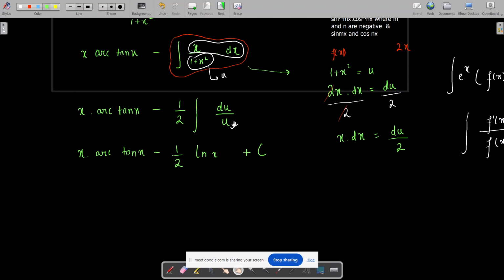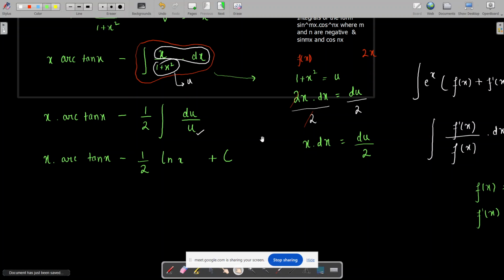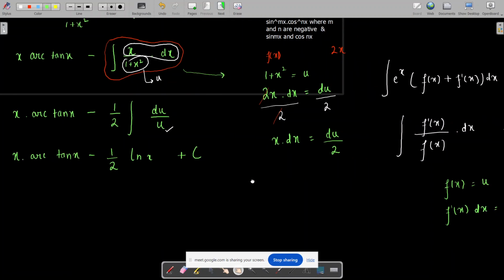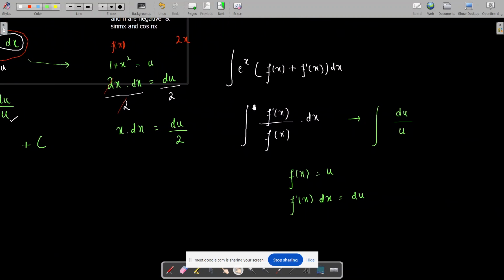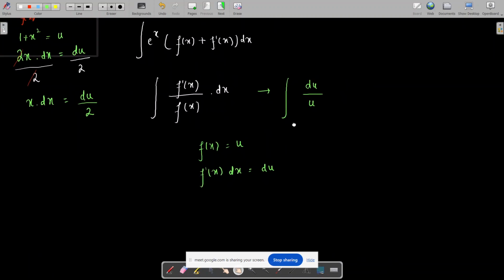Is this always the case? The formula is always f prime of x over f of x dx equals du over u? Yes, if you have this type of integral where f of x is in the denominator and its derivative is in the numerator, this will always happen. So if you substitute f of x as u, then its derivative times dx becomes du.